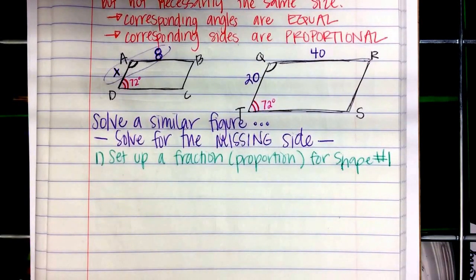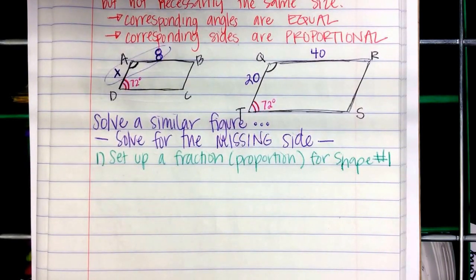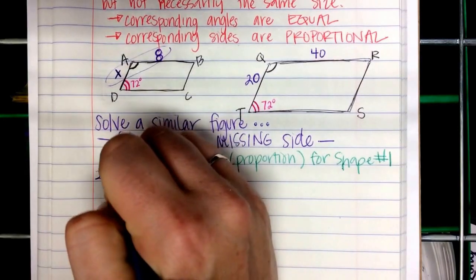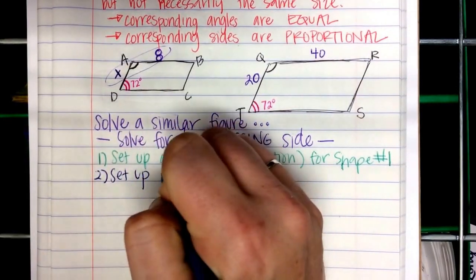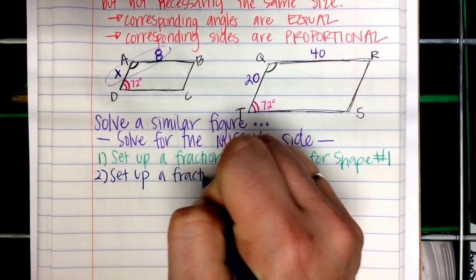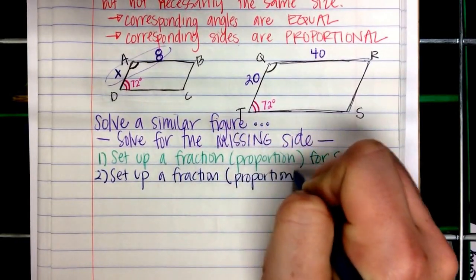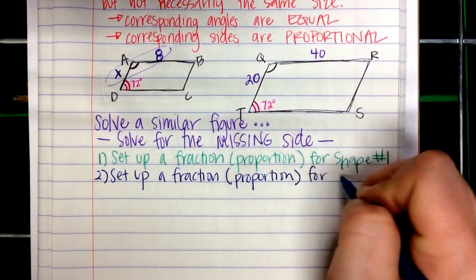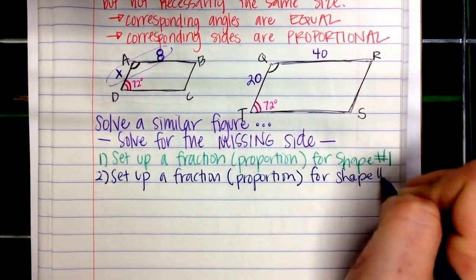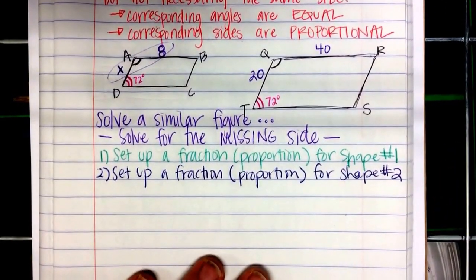Step 2: set up a fraction, which is also called a proportion, for shape number 2, a ratio.